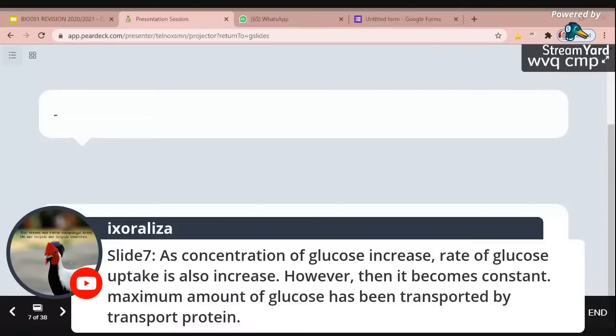Concentration of glucose increase, rate of glucose uptake also increase. Tapi it become constant. So it shows that maximum amount of glucose has been transported by transport protein. Okay, sebab soalan tanya macam mana kita nak tunjukkan yang dia adalah facilitated diffusion.